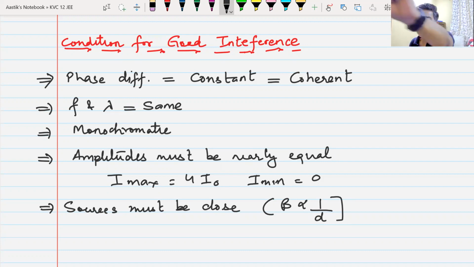If the fringe width becomes very small, you will not be able to resolve, you will not be able to see which is the dark fringe, which is the bright fringe. You want fringe width to be more. Therefore, sources have to be close to each other. I hope we understand this. Yes or no? Yes, sir. These are the important points.